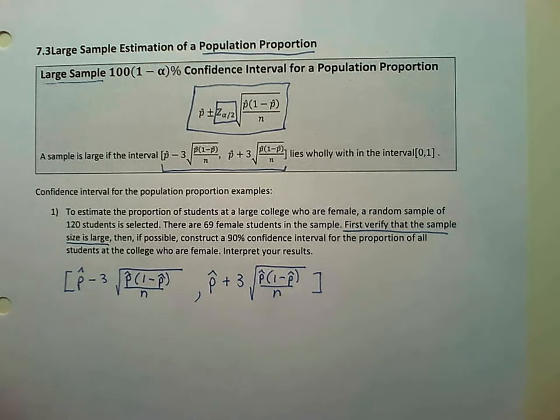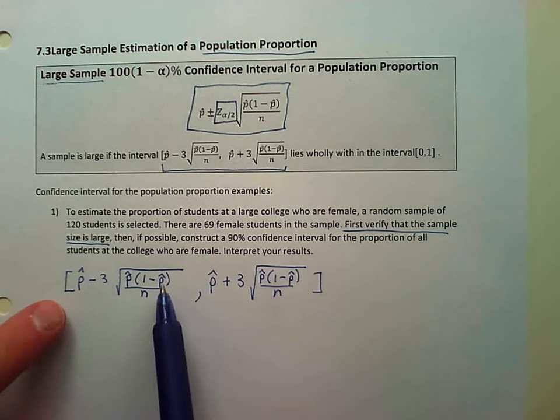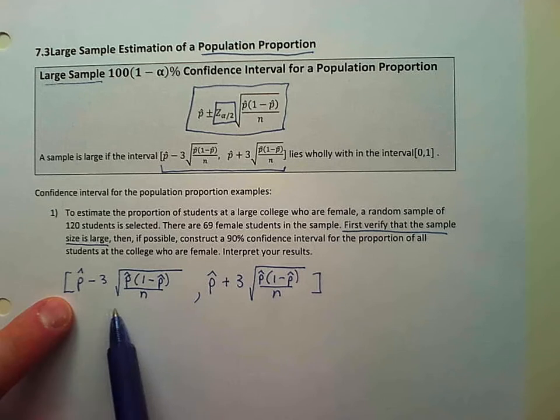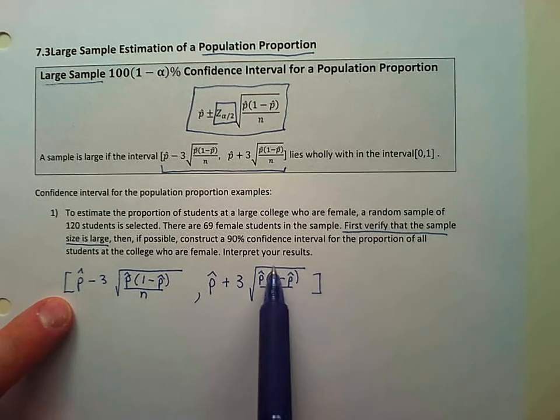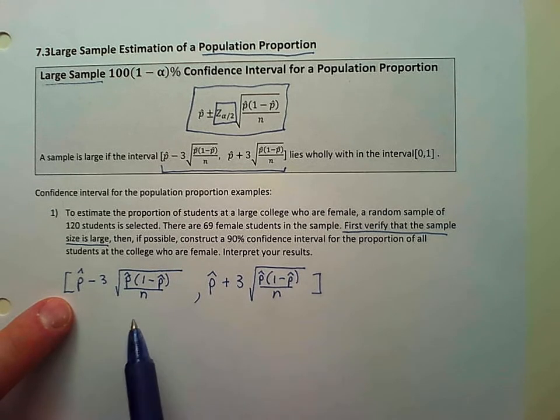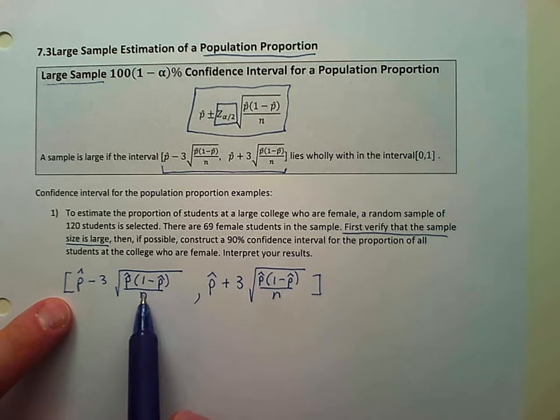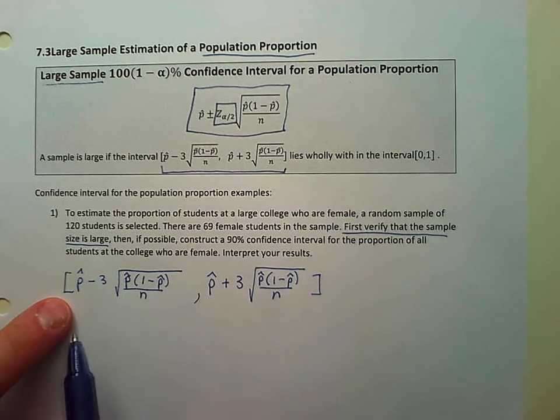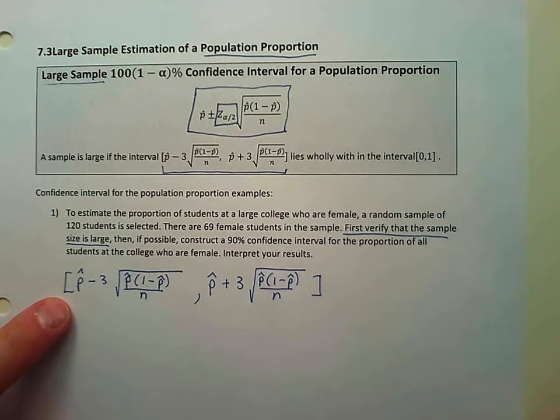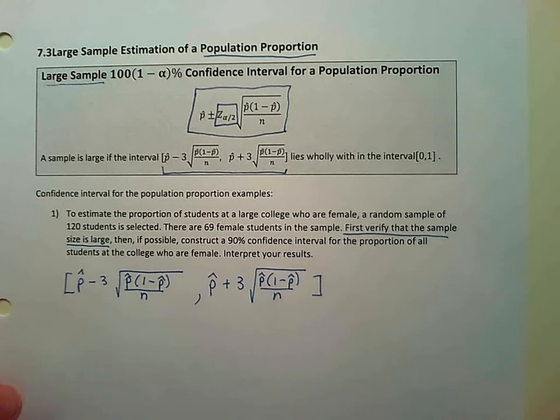So let's take whatever we can determine from this problem and plug it into this formula. What do we know that we can plug in? If you look at this formula, there's really only 2 things that we need to plug in. One of them is obviously p hat, and the other is little n, which is our sample size.